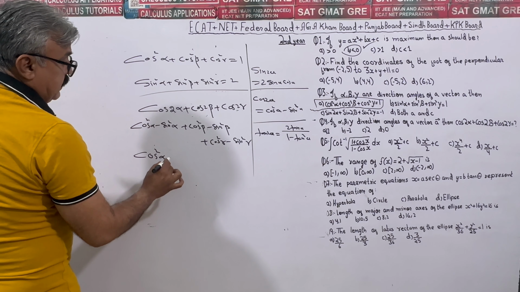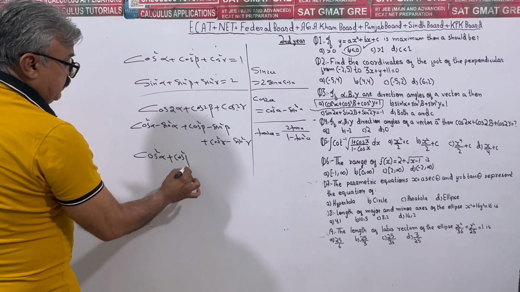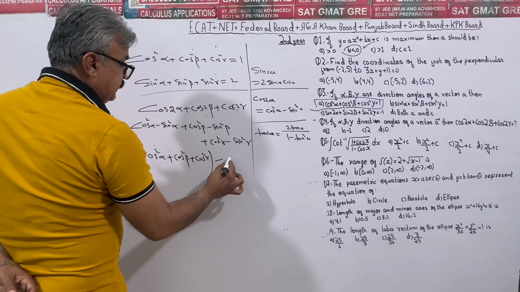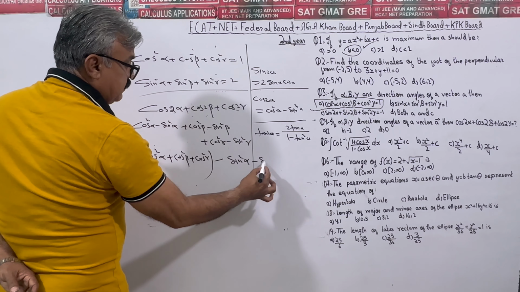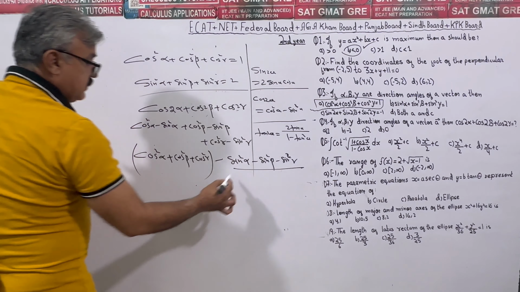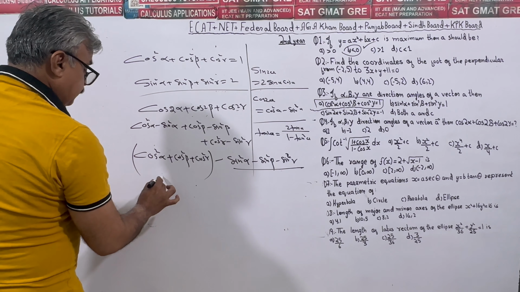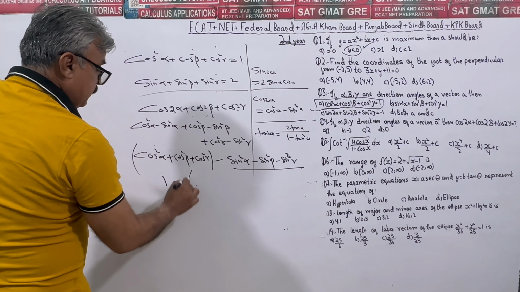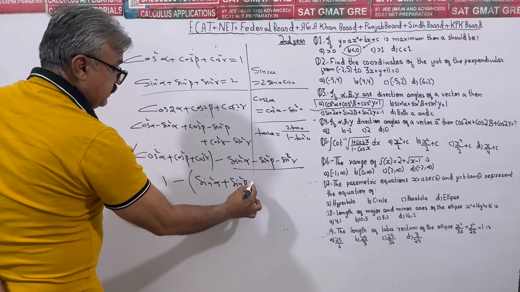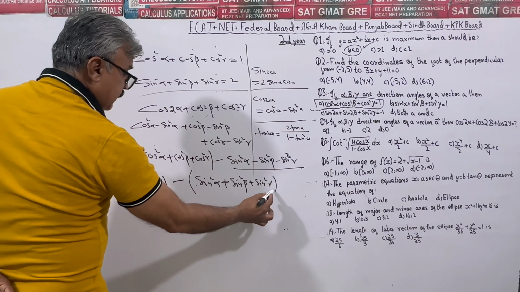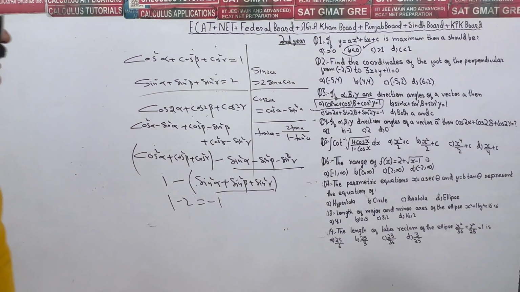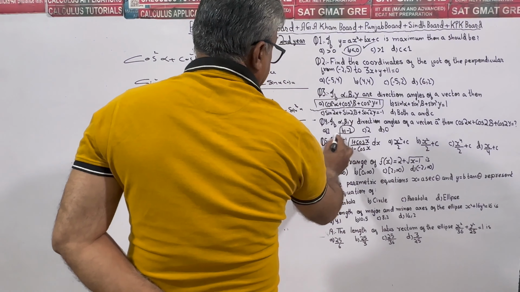Like terms to be collected: cos square alpha plus cos square beta plus cos square gamma, minus sin square alpha minus sin square beta minus sin square gamma. Taking minus common, it is equal to 1 minus sin square alpha plus sin square beta plus sin square gamma, which is 2. 1 minus 2, the net result is minus 1. So minus 1 is the right option in that case.